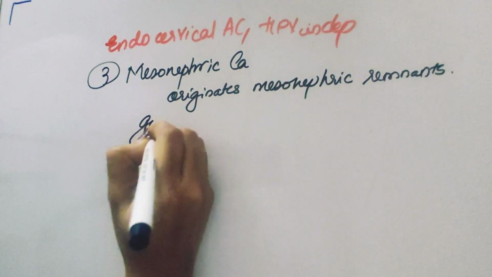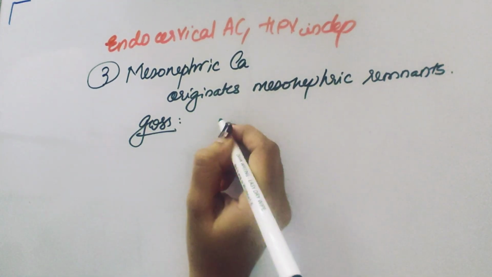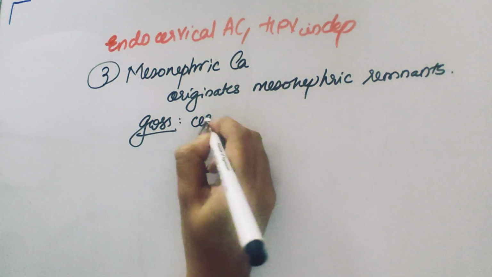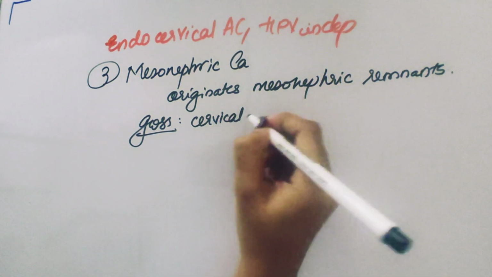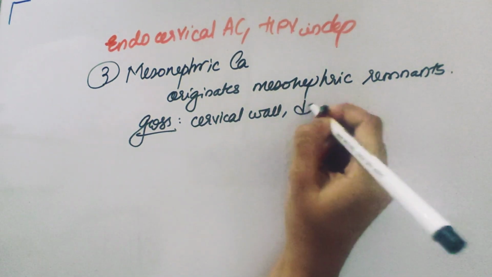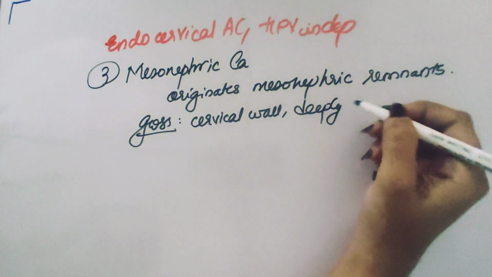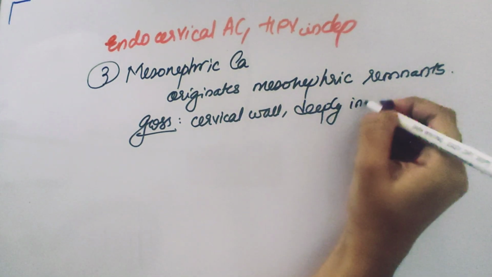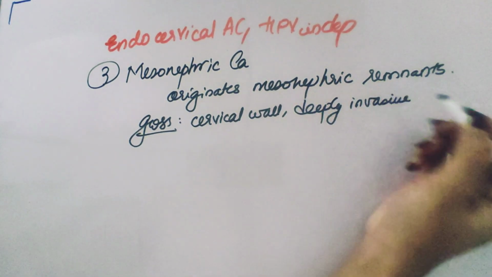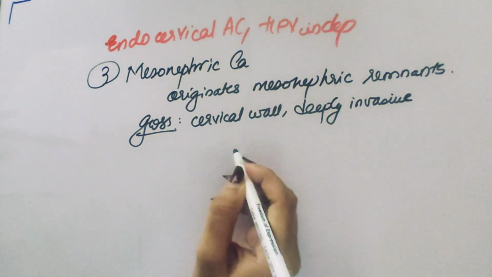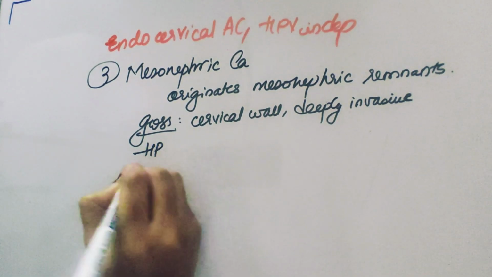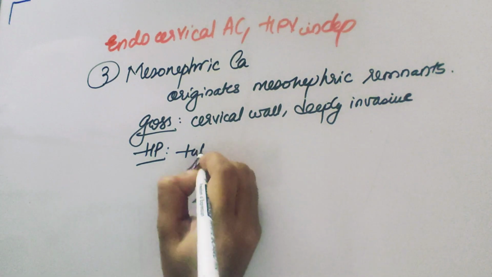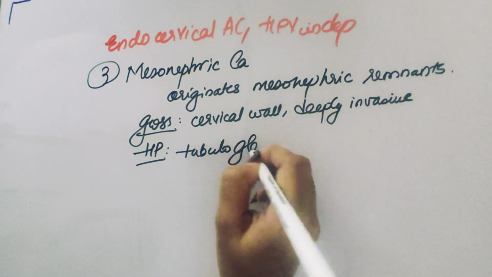And grossly, it is seen in the cervical wall, lateral and posterior surface, and it is deeply invasive. That means it is a diffuse infiltrating lesion. You see more than an obvious growth. And histopathologically or in microscopy, you will see tubuloglandular pattern.